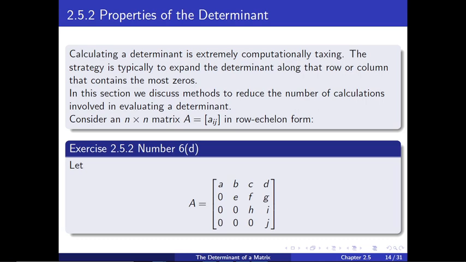So suppose you've got an n by n matrix A which is in row echelon form.